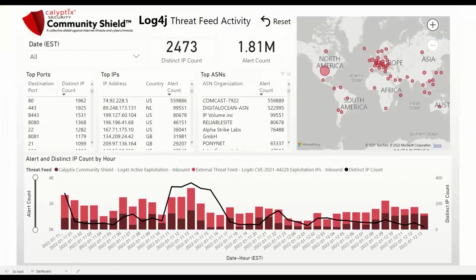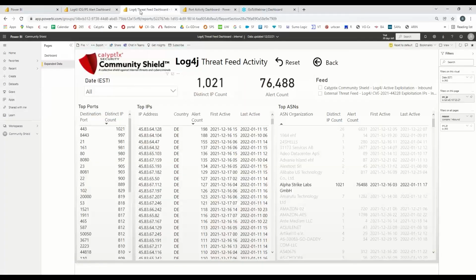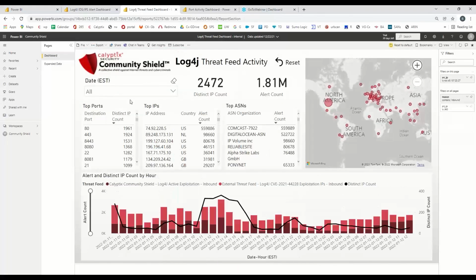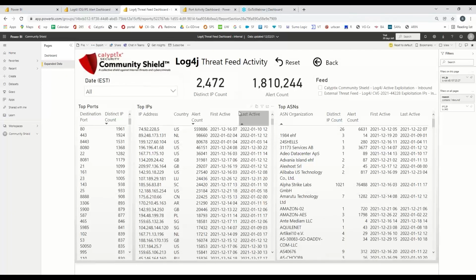We have an internal one that shows the same data overview at the big level, right? But then we also created a page where we can look more specifically at the first seen, last seen, and investigate, and we can also split it by feed.